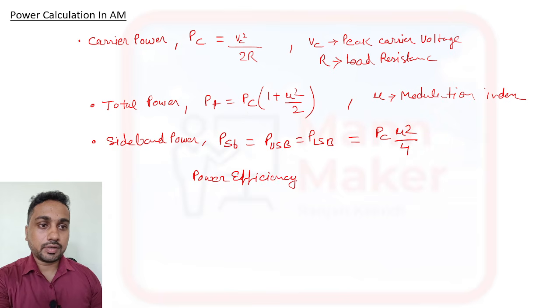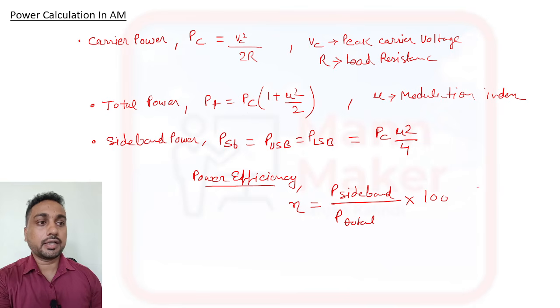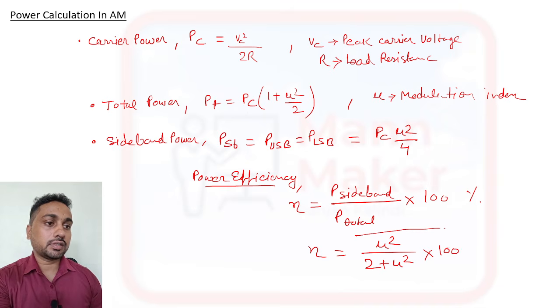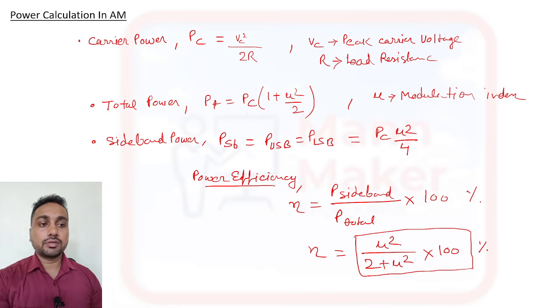Power efficiency is denoted by eta, and it is equal to sideband power divided by total power, into 100, which you get in percent. So eta equals mu square divided by 2 plus mu square, into 100. This is the calculation of power efficiency in amplitude modulation.